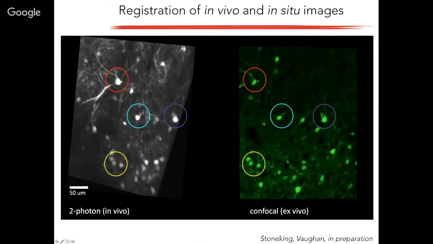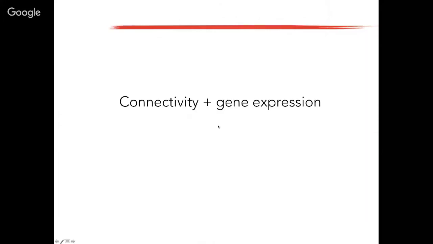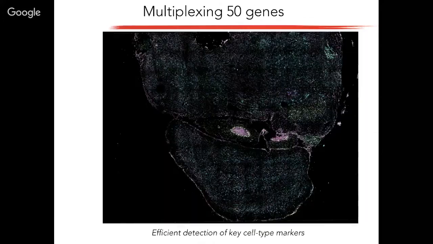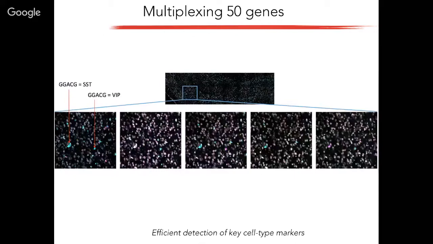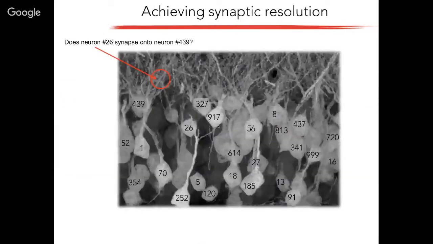We first use 2-photon imaging to figure out the activity of a bunch of cells. And then ex vivo, we can find those same cells and then figure out their projections. We can combine this with gene expression. Let's skip over that.